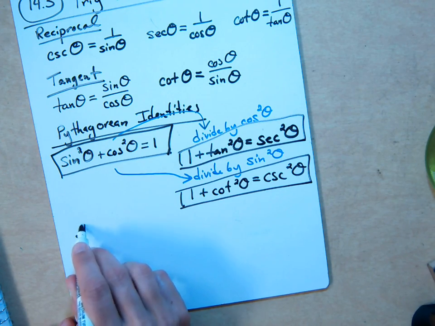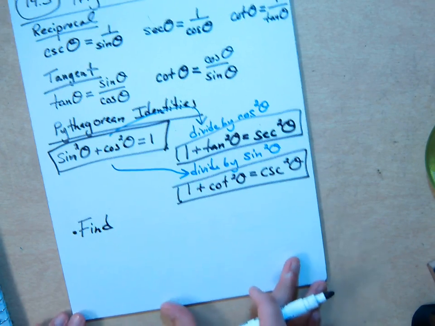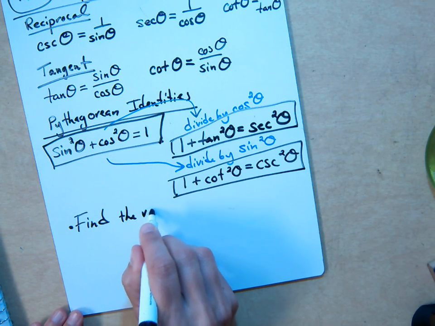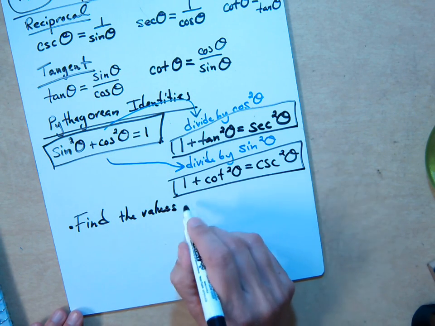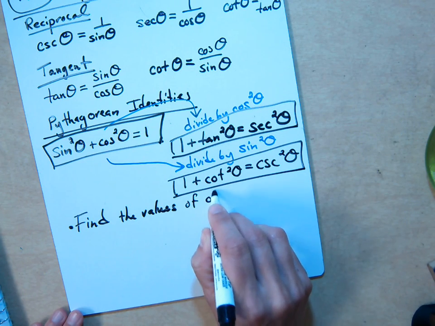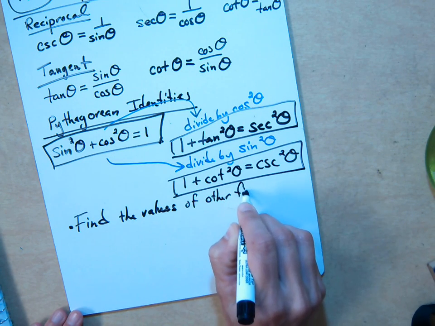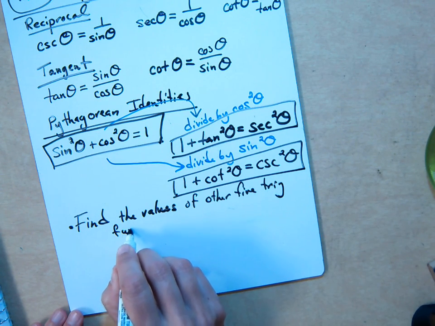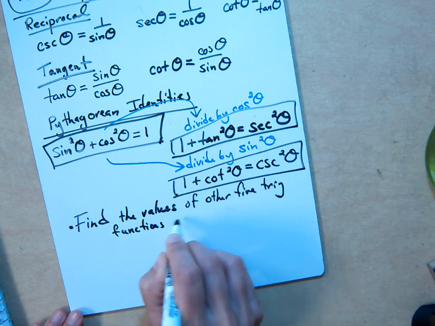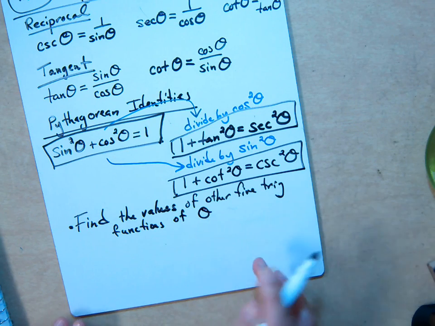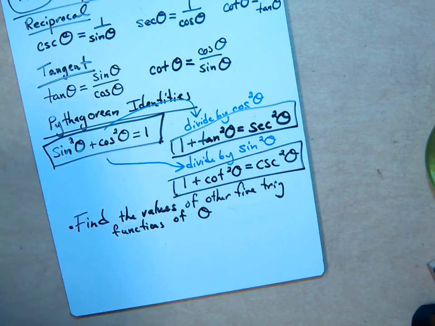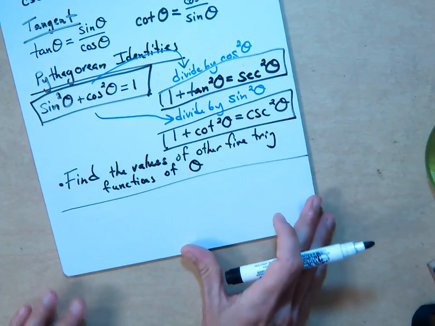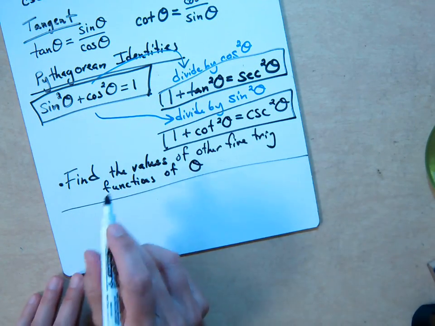The objective, or something on the test, which is not next week but the week after, would say something like, find the values of the other 5 trig functions of theta. That's the direction for most of your homework, and the objective, the skill. And if we have a quick quiz, it'll be this.